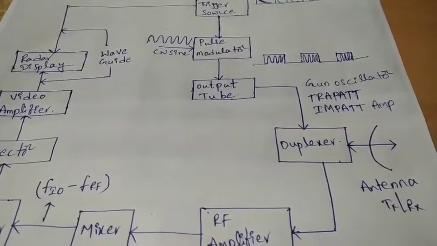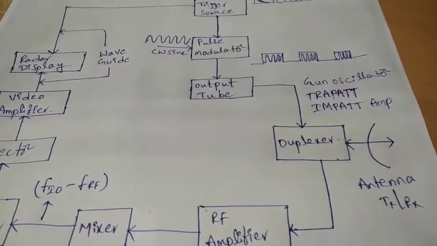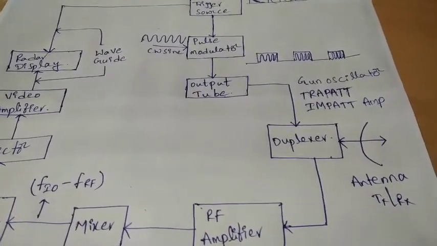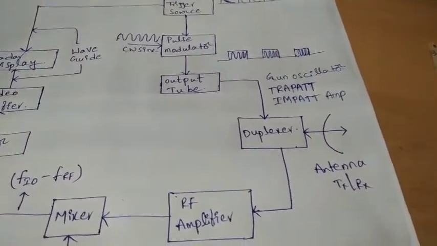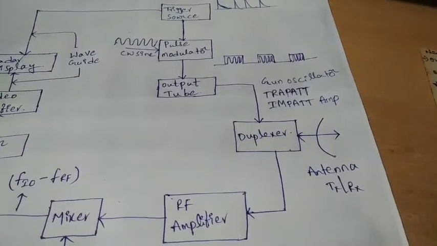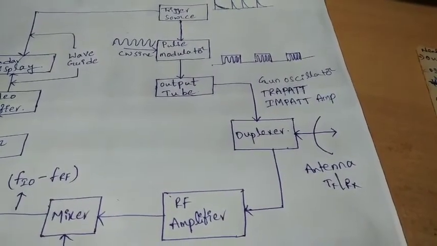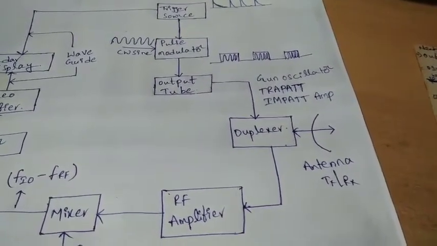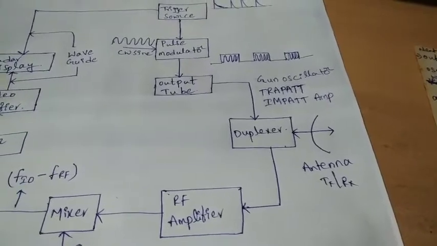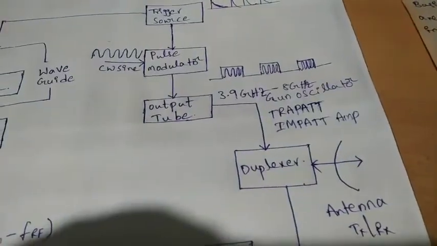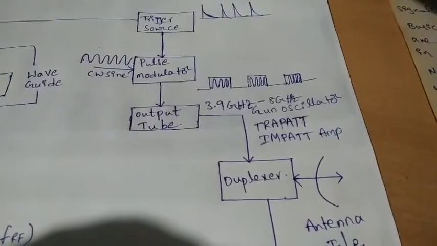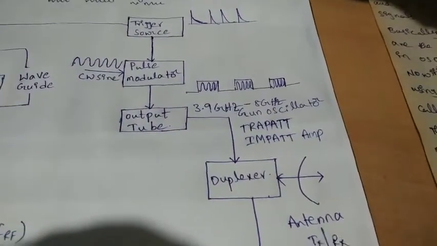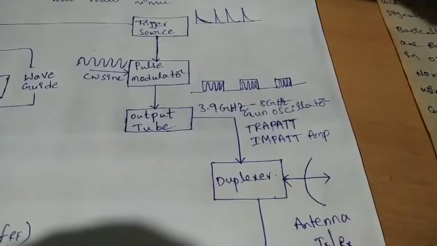If the output tube acts as an amplifier, it basically uses a klystron tube or TWT tube, which are also called microwave devices. The signals generated from the output tube are in the range of 3.9 GHz to 8 GHz, which works in the C-band in radar communication systems.